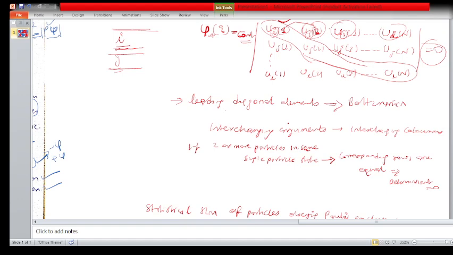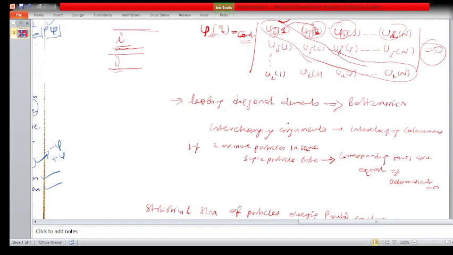Phi or psi, that wave function representing the total system. So such a system will not exist, which means that no two or more particles will be in the same single particle state. This is the same as Pauli's exclusion principle.